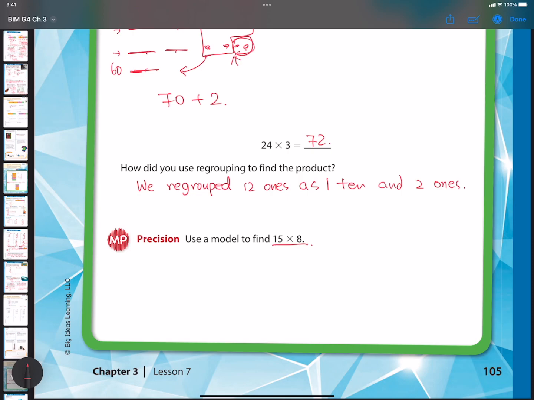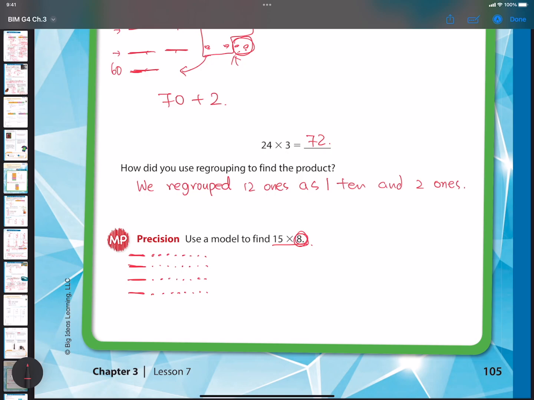Now I'm going to do 15 times 8. So 1 long, which means 1 ten, and 1, 2, 3, 4, 5, 6, 7, 8 ones. Another long and 8 ones.